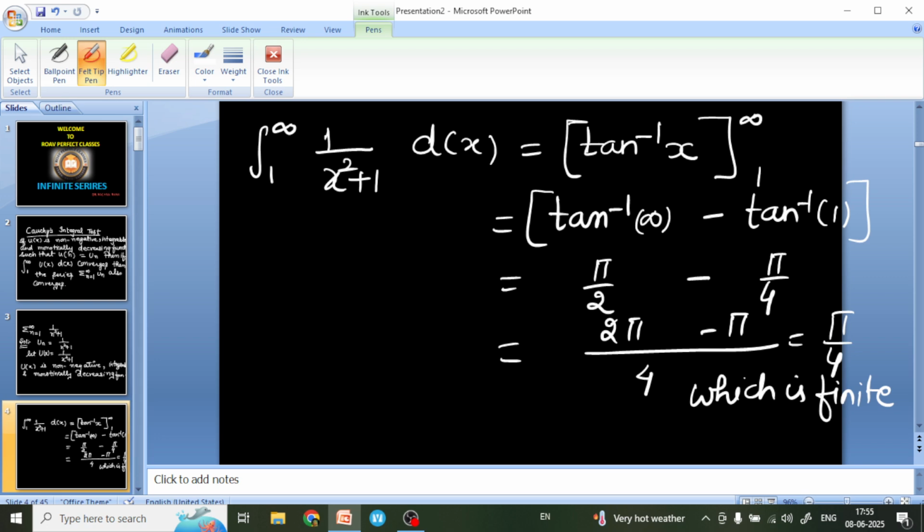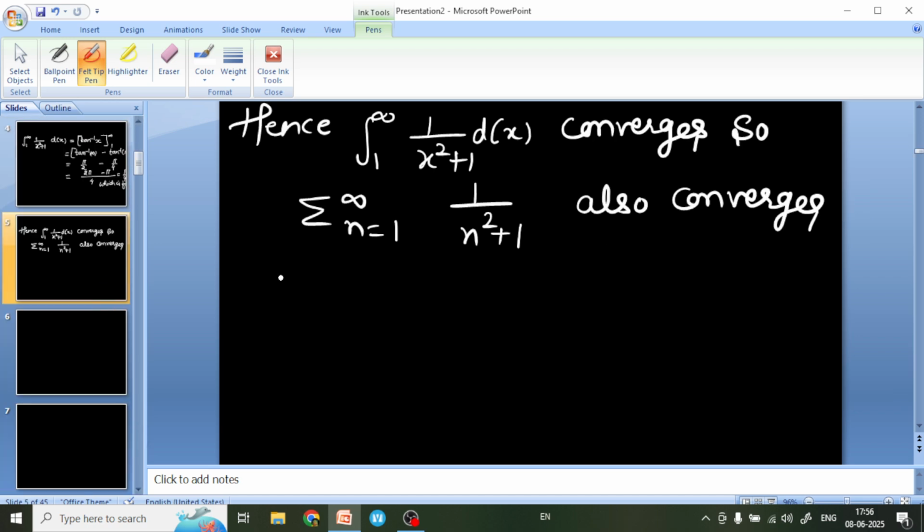Its integration, according to the formula, is tan inverse x, with lower limit 1 and upper limit infinite. After substituting these limits in tan inverse x, we find pi over 4, which is finite, and because it is finite, it converges. So we can say sigma infinite n equal to 1 of 1 over n square plus 1 also converges.